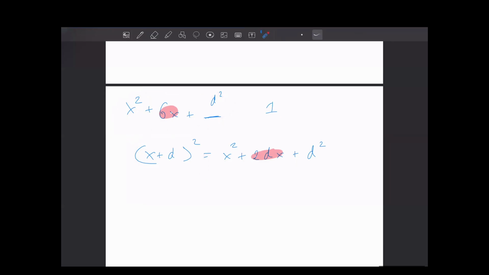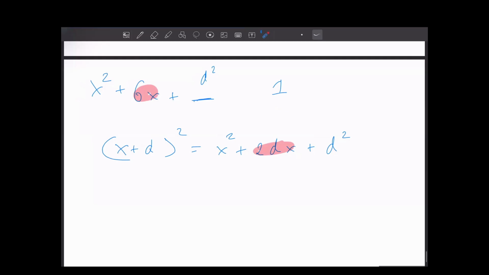This is a bit of a tricky point to get, but if 6 is equal to 2d, what will d squared equal? 9.